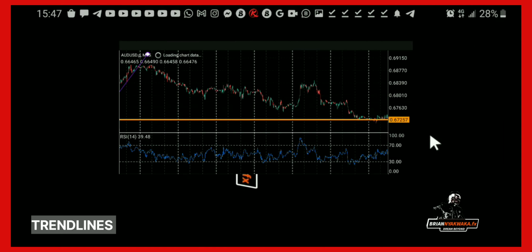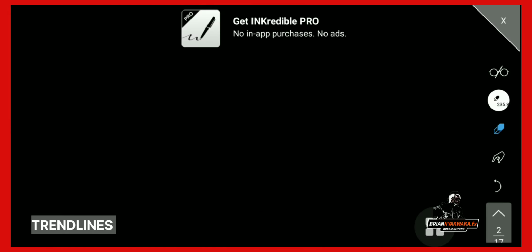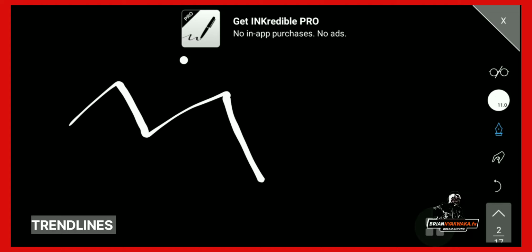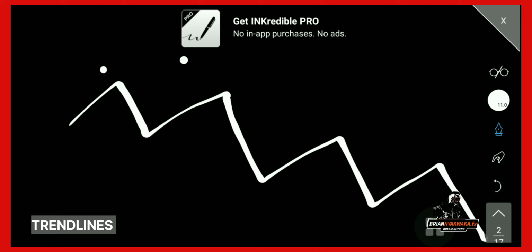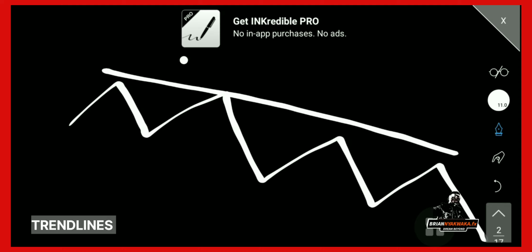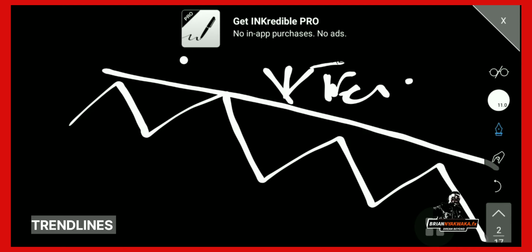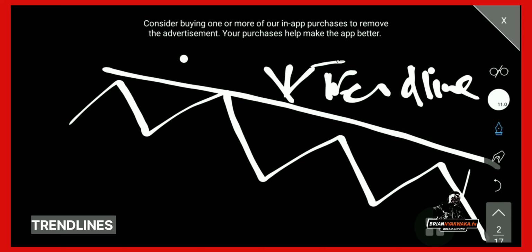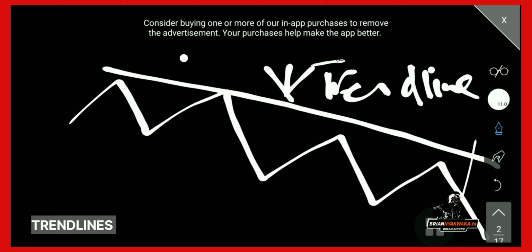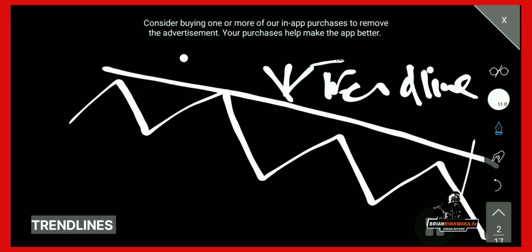And on a downtrend, you draw your trend line above easily identifiable resistance areas. At that area, this is our trend line. When the price breaks above our trend line going upwards, we wait for confirmation, which gives us a signal that the price is ready for a reversal upwards.